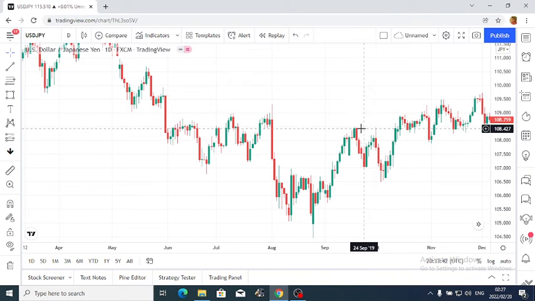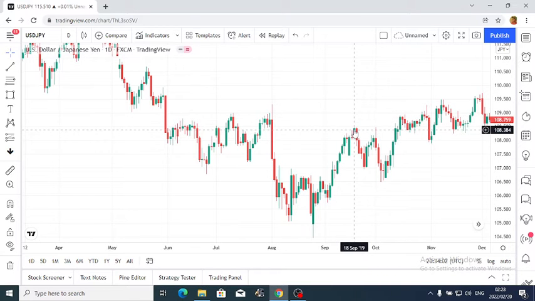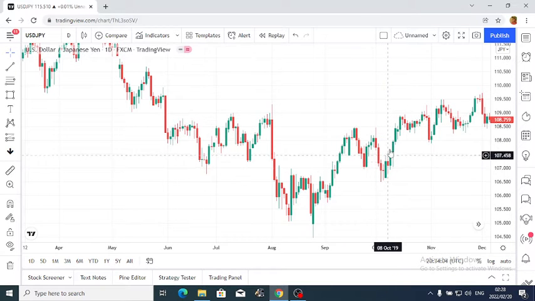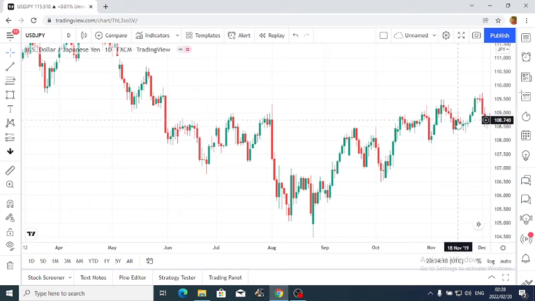If you check the price, we have 108.47, but this high where this candlestick is 108.88, so it is a higher price than this one. So we have a high, a low, a higher high, a higher low, a higher high, a higher low, right?